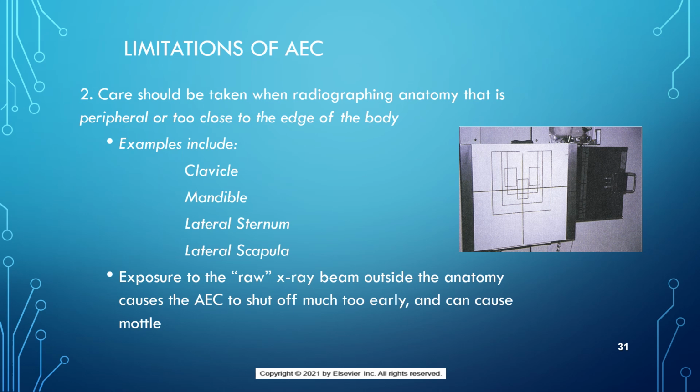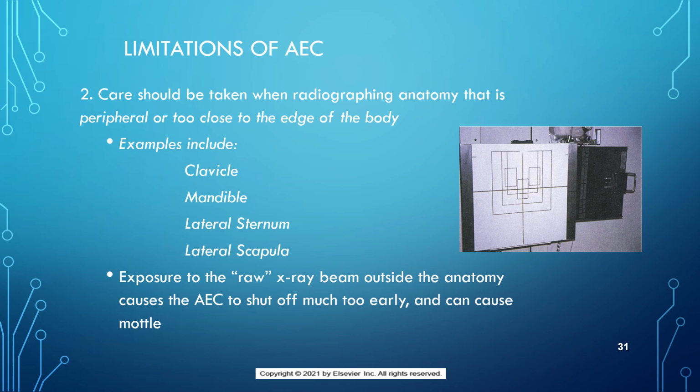Now, was the threshold ionization achieved based on measurement of remnant beam signal strength? I don't know. Did you cover up the entire ion chamber with the body part? Or was it achieved because some of the primary radiation hit the ion chamber? Okay, in the latter case, you've probably underexposed the part. You're going to have mottle.